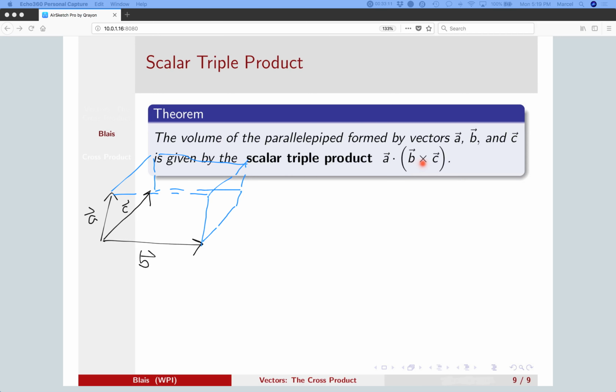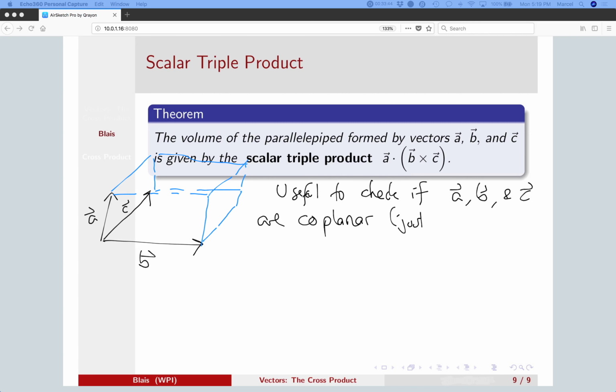And remember, B cross C, this is a vector, but then once you take this vector and take its dot product with A, then you get a scalar. So again, this gives you the volume. And this is often a handy tool to check if A, B, and C are what we call coplanar, which just means that they lie in the same plane.